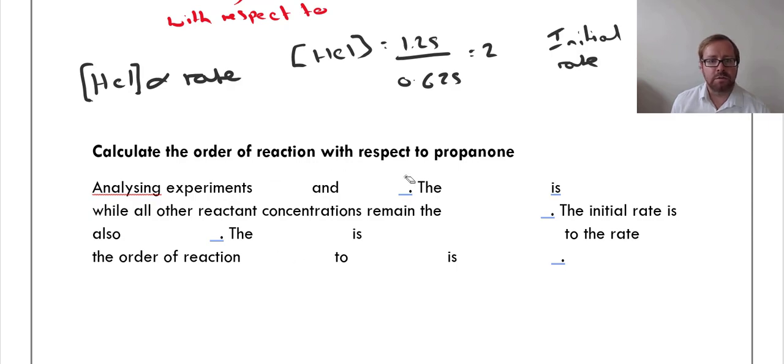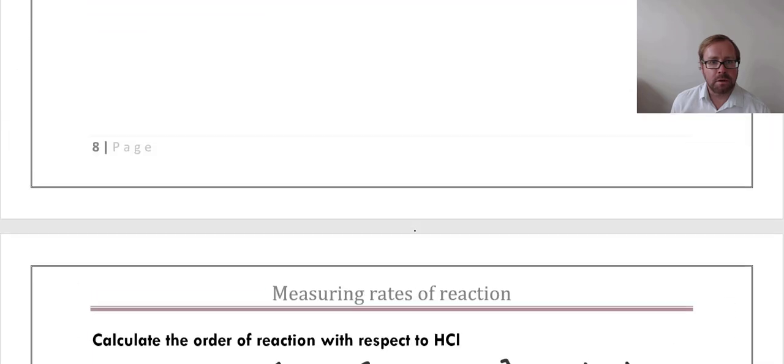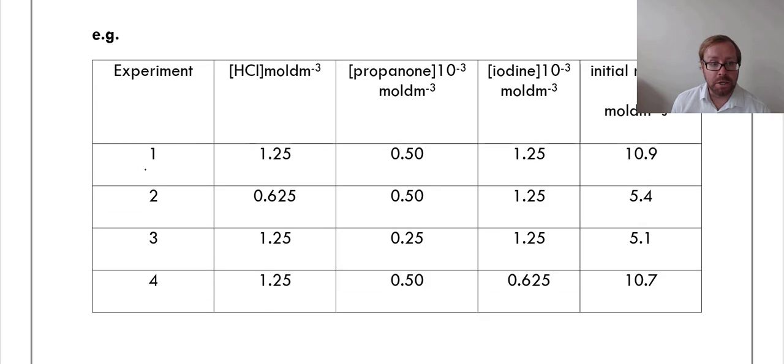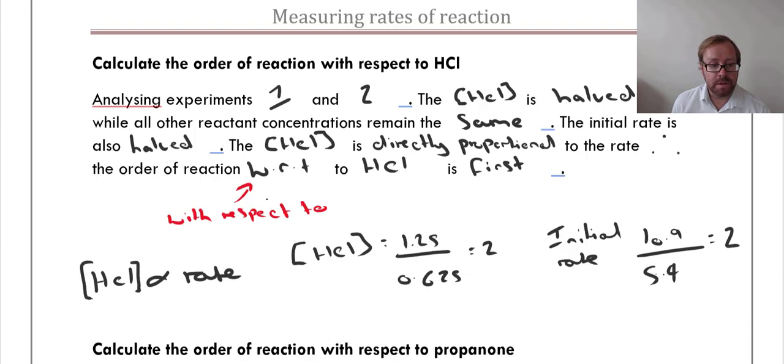So calculating the order of reaction with respect to propanone. Now we need to find an experiment where we change the concentration of propanone, and ideally we don't change the concentration of HCl and iodine, and we can tell from experiments 1 and 3 this is the case.